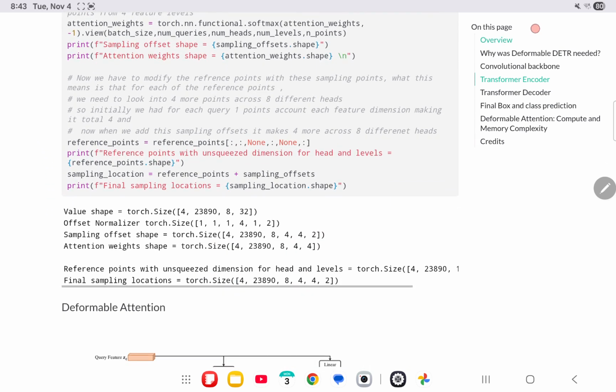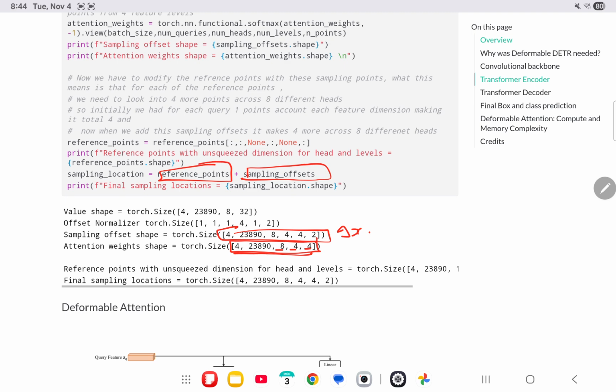So as you can see, initially we had this, our attention predicted weight: 8 heads, 4 levels. The delta x, delta y is the same, and then we add them. So we add the sampling offsets to the reference points.